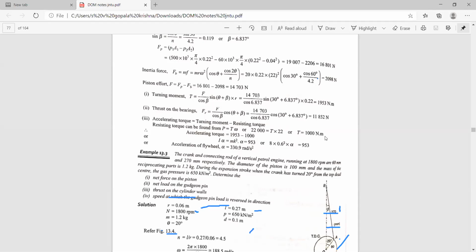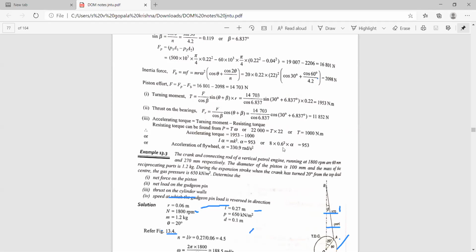Now substituting the T value, the accelerating torque equals turning moment 1953 minus 1000, so 953. Accelerating torque is also written as I alpha, and I alpha is m k square alpha, equals 953. Here m is already known and k, the radius of gyration, is also known.